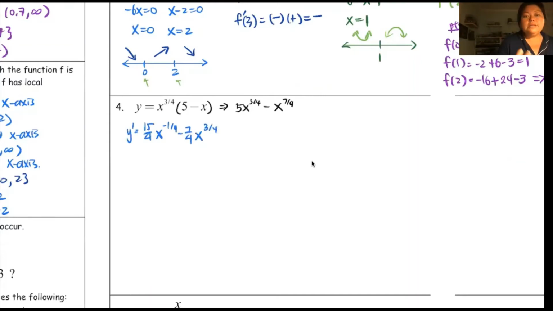Remember what I said about making it one fraction? This is where it's really useful, because you really want to make it into one fraction. So this looks like 15 over x to the 1/4, minus 7 x to 3/4 over 4.